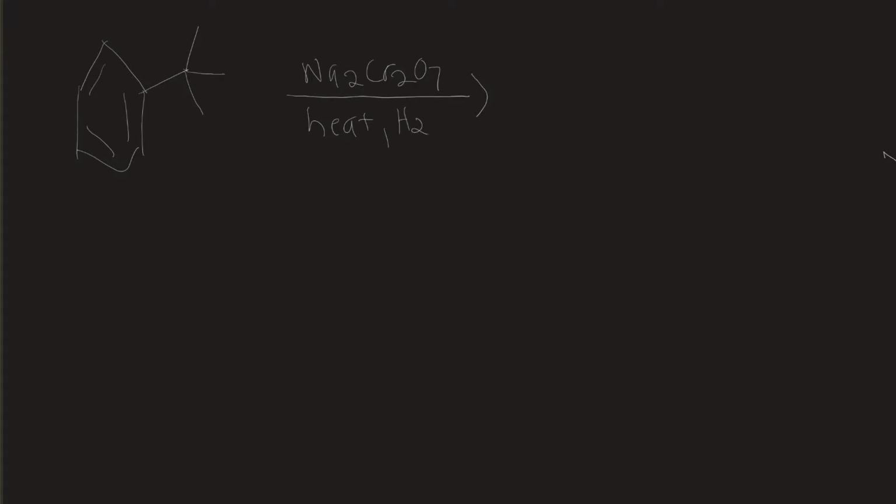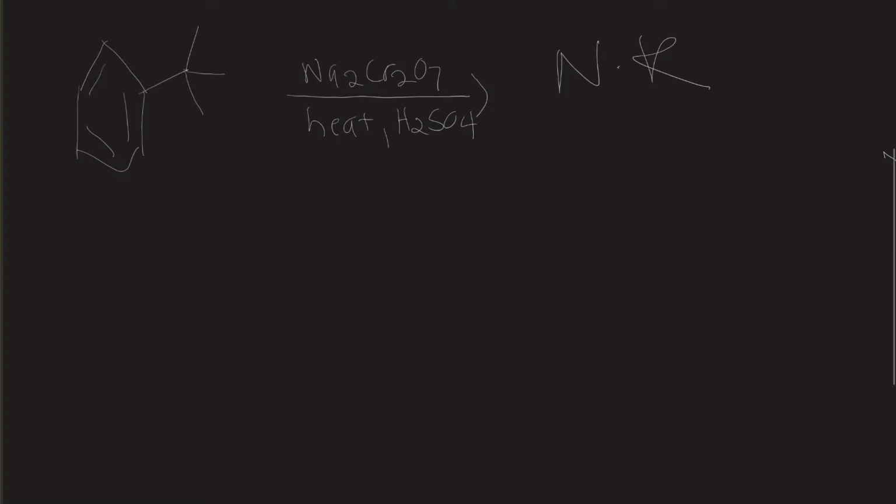And we're going to use H2SO4 instead of a generic acid. And so we have tert-butylbenzene here. And when we react this with sodium dichromate, heat, and sulfuric acid, we get no reaction for this. And this is because there is no benzylic hydrogen present at the benzylic position.